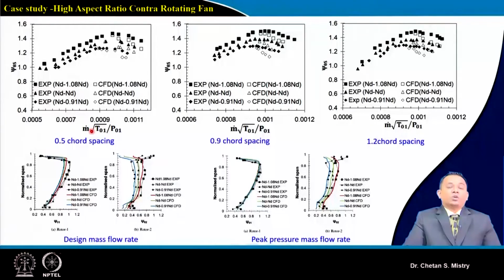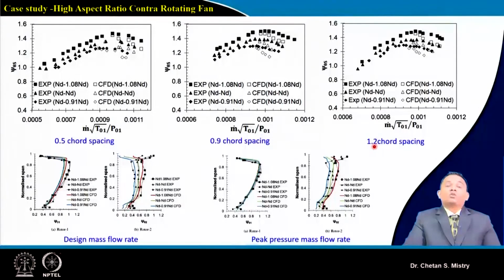Suppose we are designing a multi-stage configuration for contra-rotating application, then the spacing between these two rotors is very important. So this represents 0.5 chord axial spacing, 0.9 chord axial spacing and 1.2 chord axial spacing.